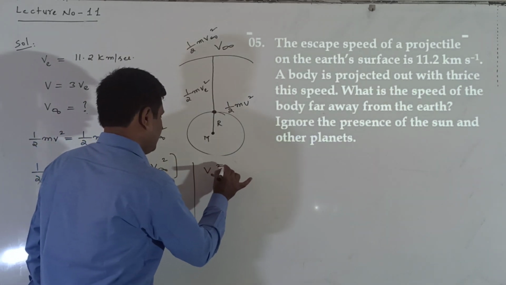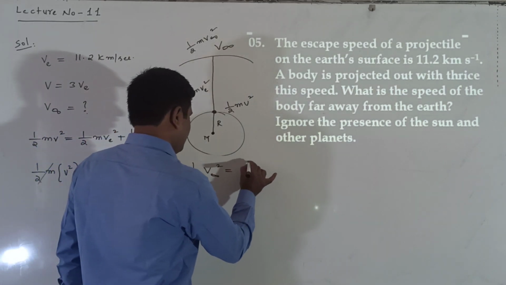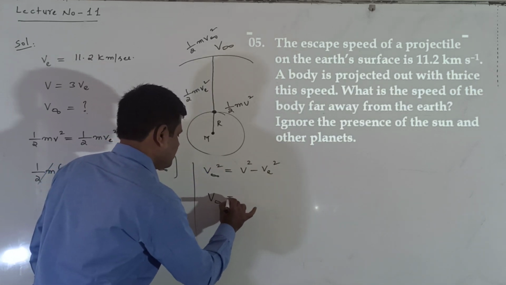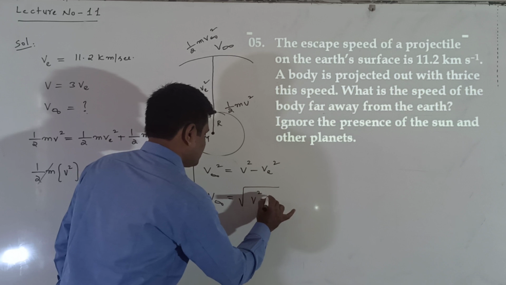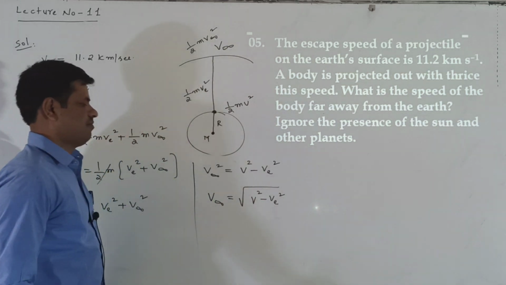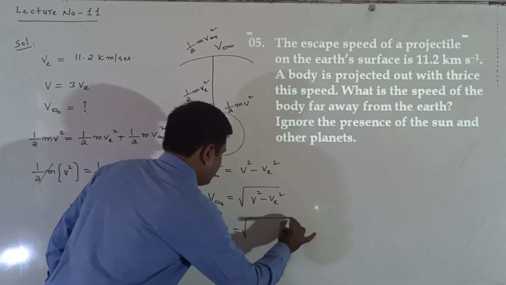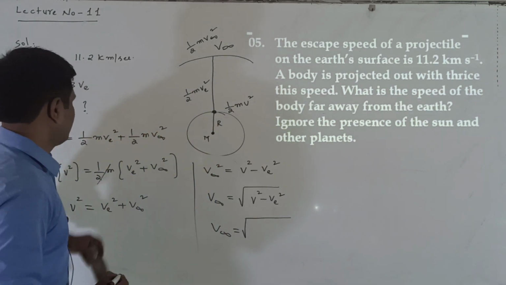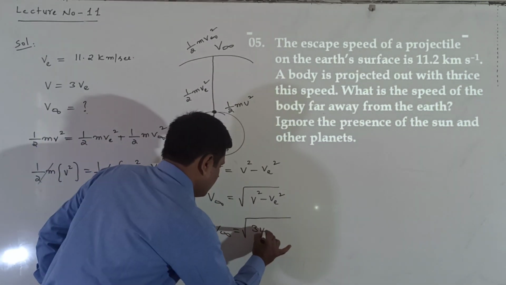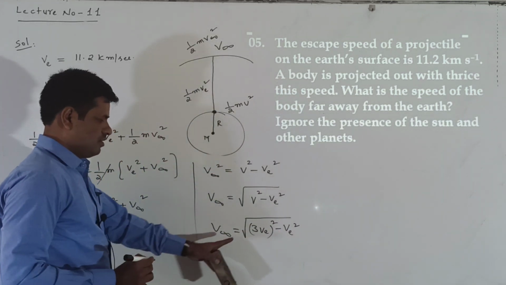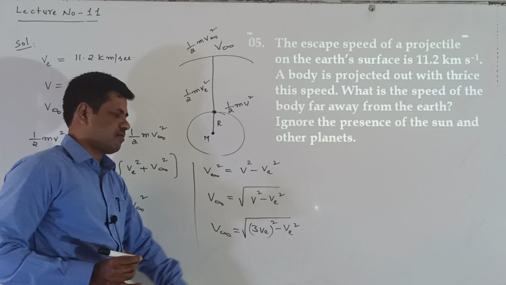So v infinity square is equal to v square minus V square. So v infinity is equal to under root of v square minus V square. With v equal to 3V, this is under root of 3V whole square minus V square.